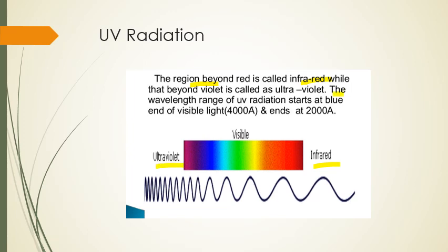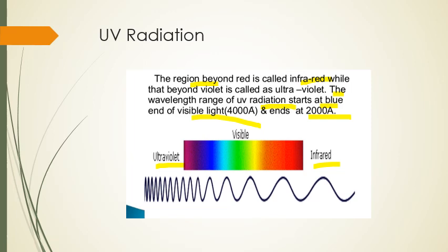The wavelength range of UV radiation is given in Angstroms as well as nanometers. It starts at the blue end of the visible light, that is 4000 Angstrom, and ends at 2000 Angstrom.